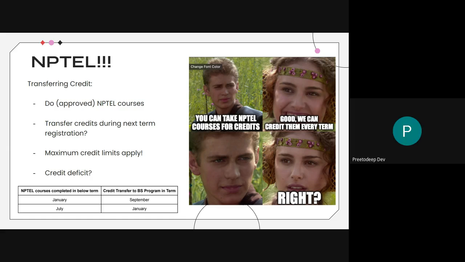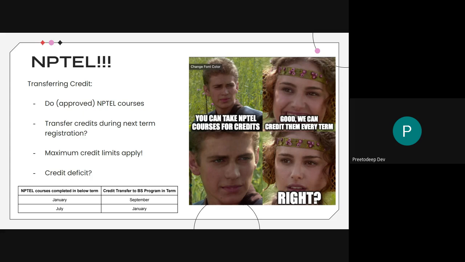Exactly. So there was a confusion earlier regarding whether NPTEL credits can be used for a credit deficit. I have put this point in the slide to make it explicit. Please don't think of it in terms of fulfilling any deficit per se. Just think of it in terms of the number of credits you can transfer at max. In total, you can transfer up to 8 credits from NPTEL, 4 in the BSc level and 4 in the BS level.